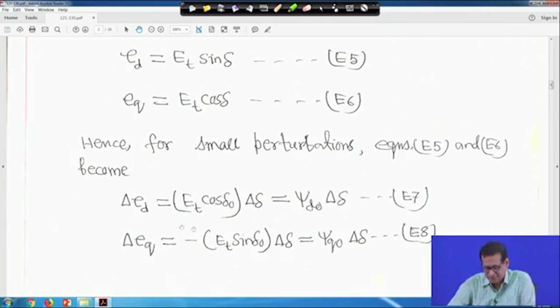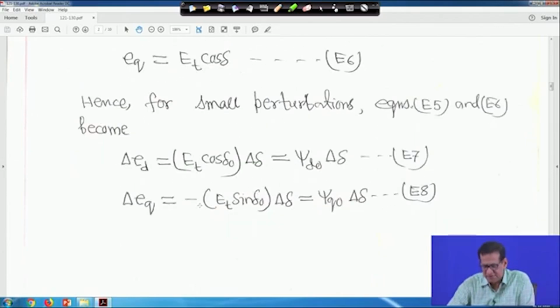So that is equation E7. Similarly, delta Eq will be minus Et sin delta0 delta, and this we have seen will be psi q0 into delta. This is equation E8, right.